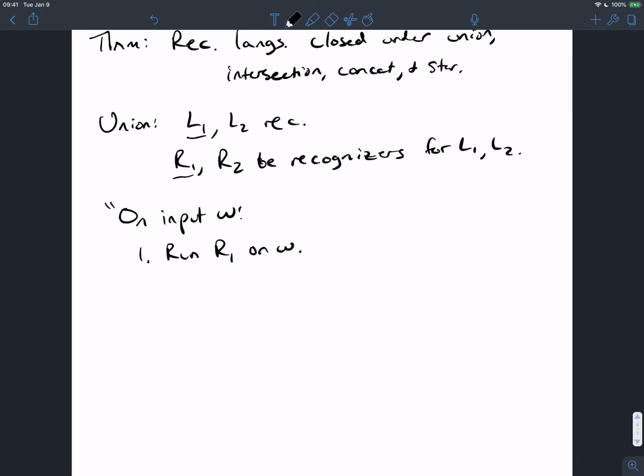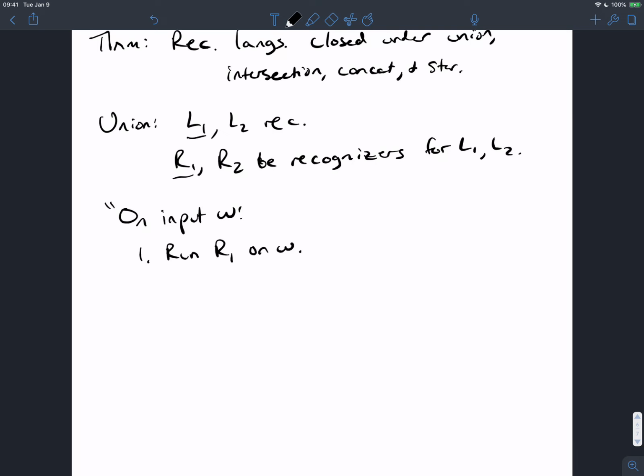Ooh, what about in parallel? Let's see. If I run them in parallel, let's just say that it happens to run forever. I run both machines at the same time, whatever that means. If it runs forever, could it be in the union? No. Why not?